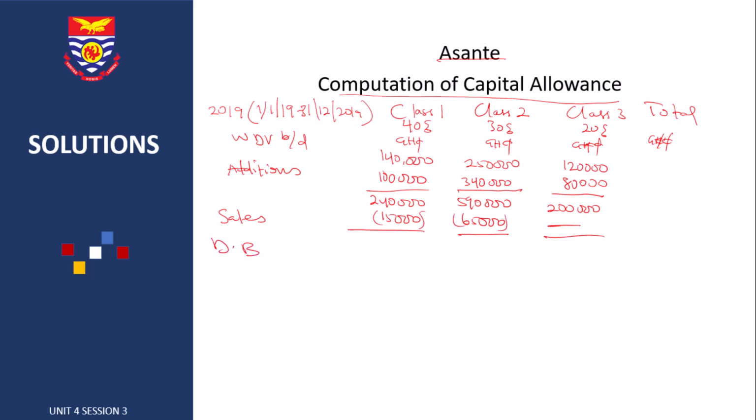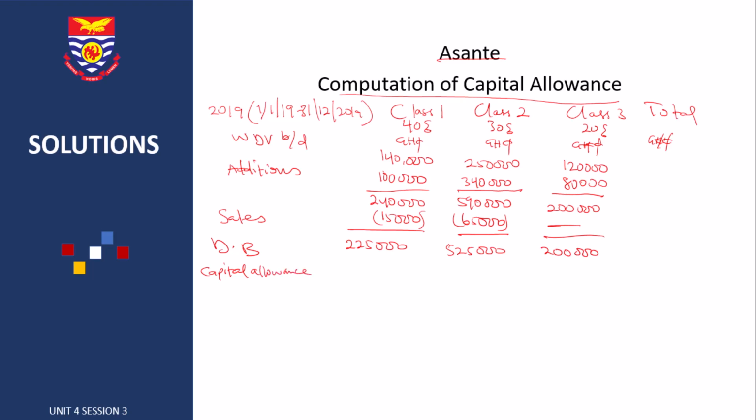So for class 1, we are going to get 225,000. For class 2, we have 525,000. And for class 3, we have 200,000. Now, let us look for our capital allowance.